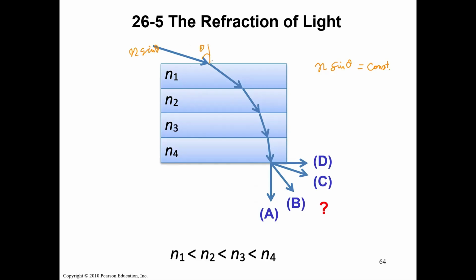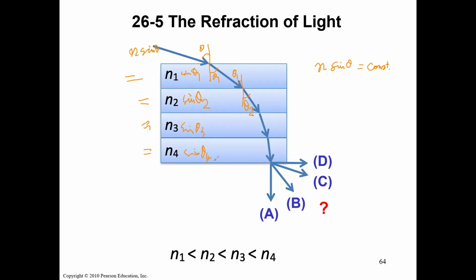Now the light enters medium 1, it will make an angle theta 1, and n sine theta is equal to n1 sine theta 1. Now that the light enters medium 2, it will make an angle theta 2, and this constant is also equal to n2 sine theta 2. And so on and so forth.